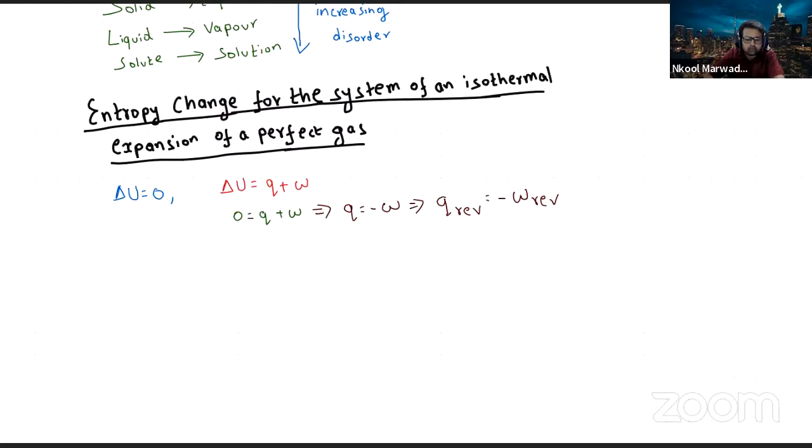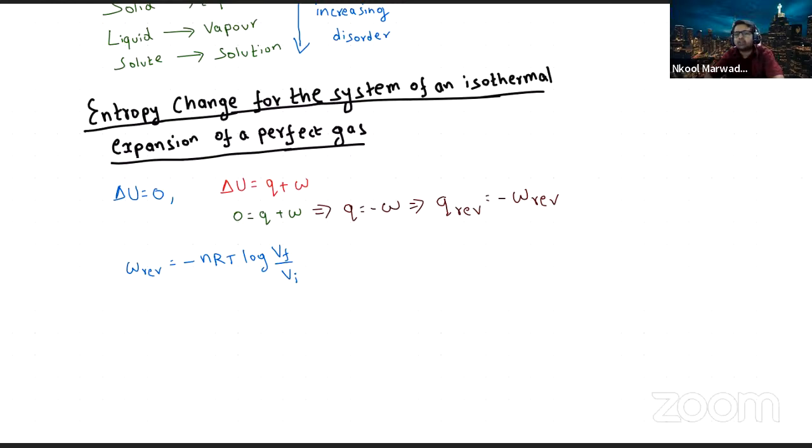So the reversible work done for the isothermal expansion of a perfect gas is minus nRT log Vf by Vi. This we know, the formula. Why negative sign?